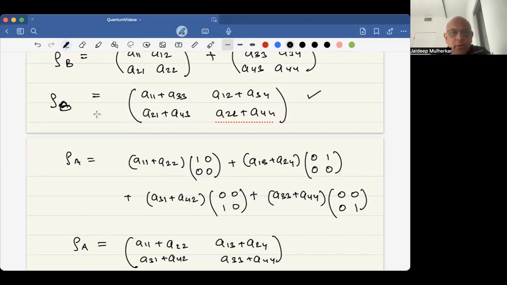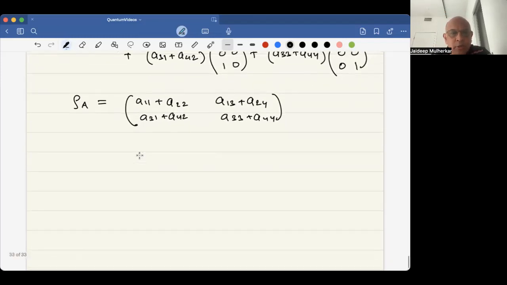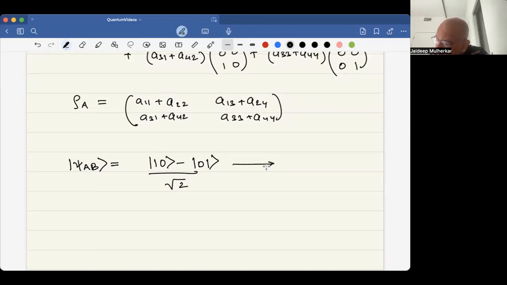Now, it turns out that it's a conundrum of quantum mechanics. Suppose you have an initial state equal to this entangled state, then you pretty much know everything about this state because it's a pure state. You know what the probability amplitudes are. But if I take the partial trace or compute the reduced density matrix over any subsystem, then it becomes a maximally mixed state.